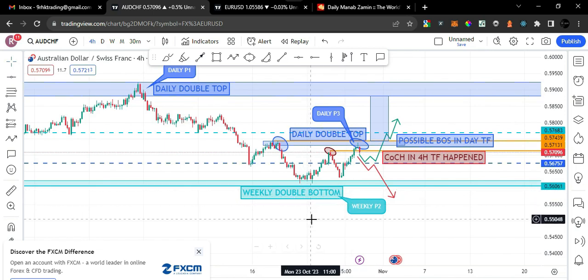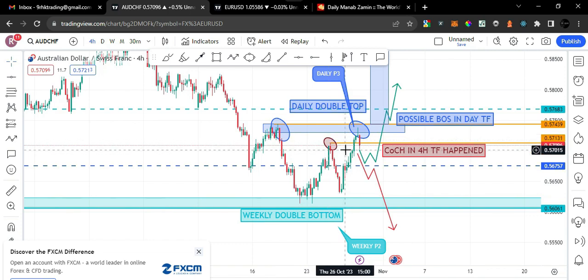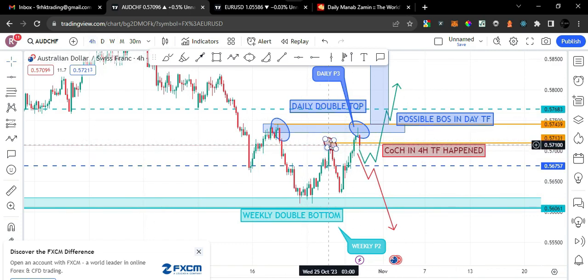And again, when it tried to go upward, it has changed its character in the 4-hour time frame, breaking this point. You can see this is a very good candlestick in 4 hours, which has broken this point.